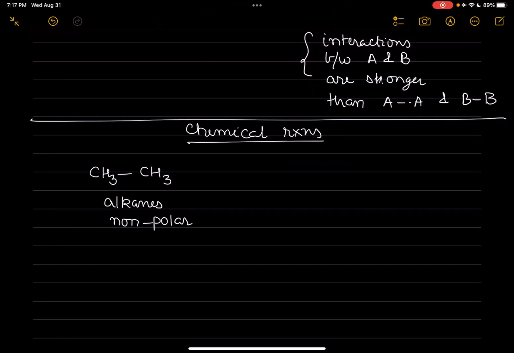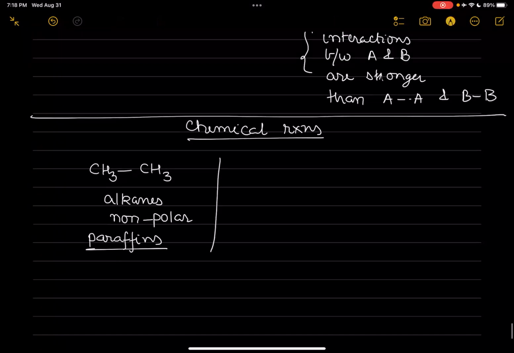That's why alkanes are known as paraffins, because they have little affinity. Is it clear? So they are very, very less reactive. They do not show a lot of reactions because they are non-polar.